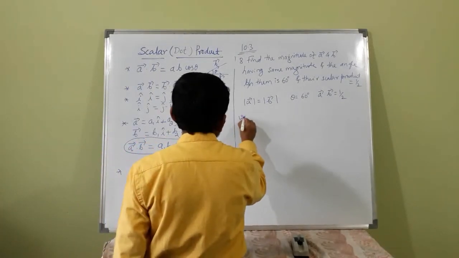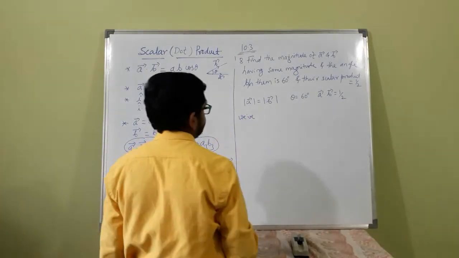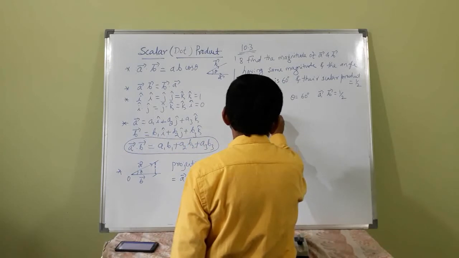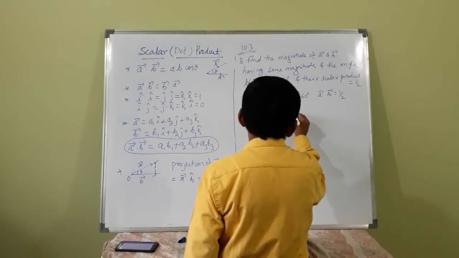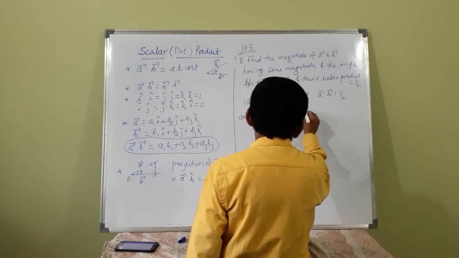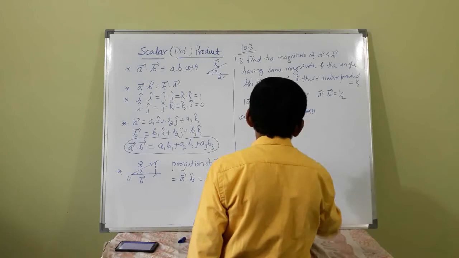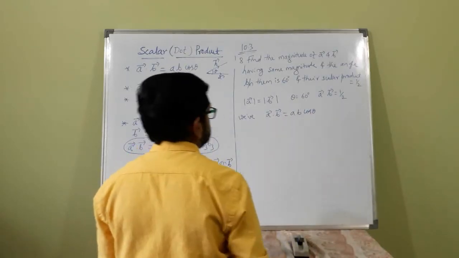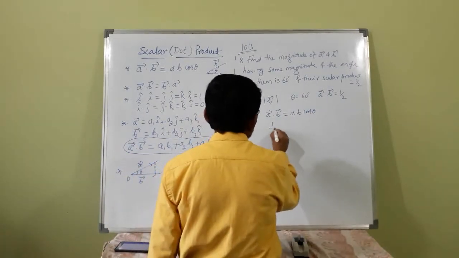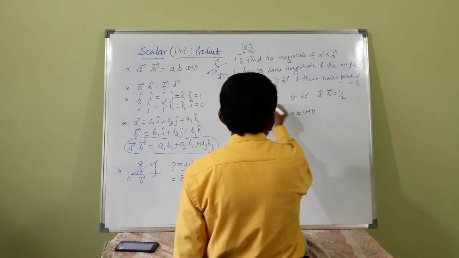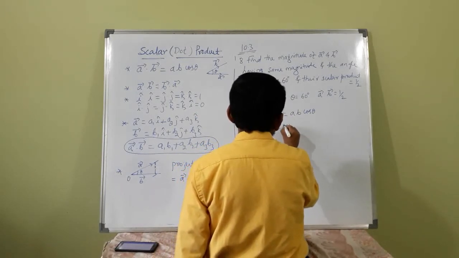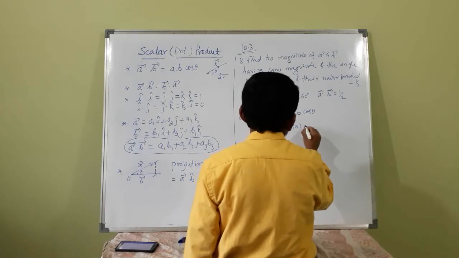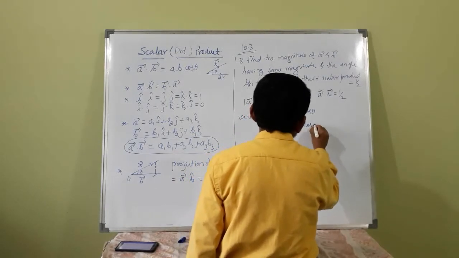We have A dot B is equal to A B cos theta, isn't it? That is half is equal to, let us take either one of this, A into A cos 60 degree.